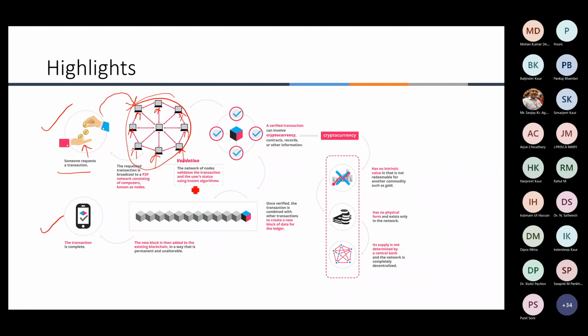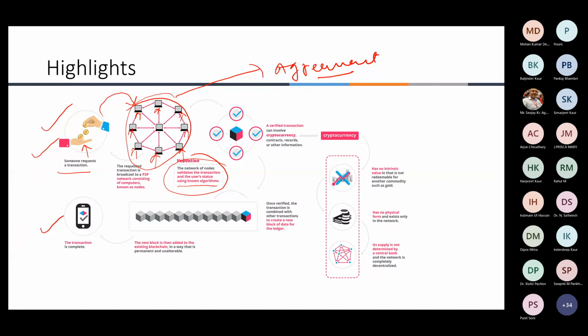So they will validate with the help of a consensus algorithm. Consensus means we have an agreement among all these nodes to mark these transactions as valid or invalid.